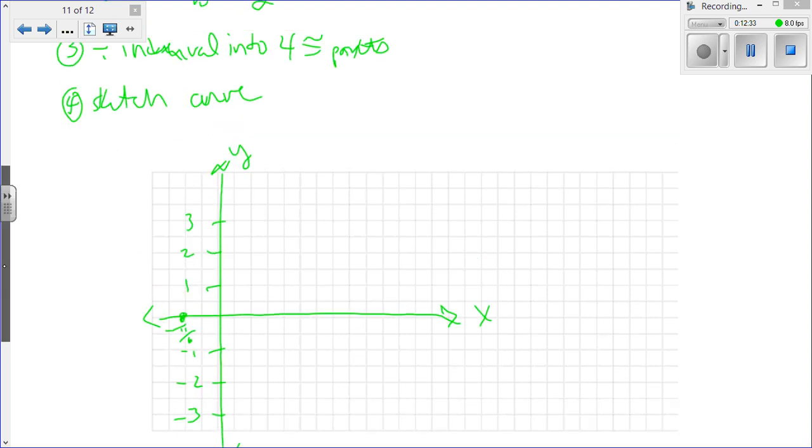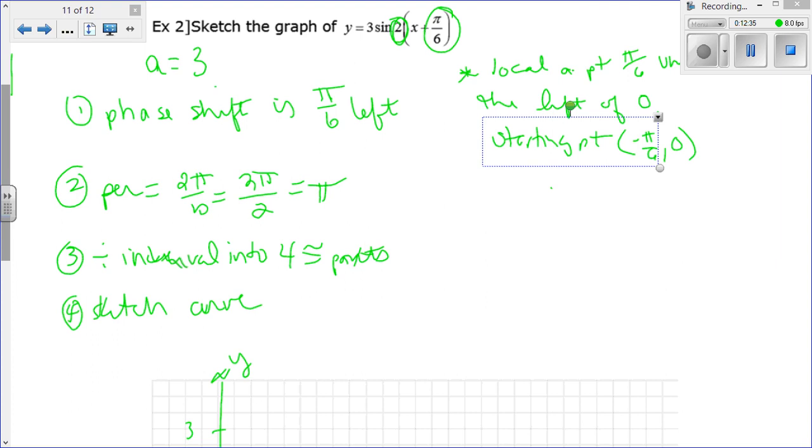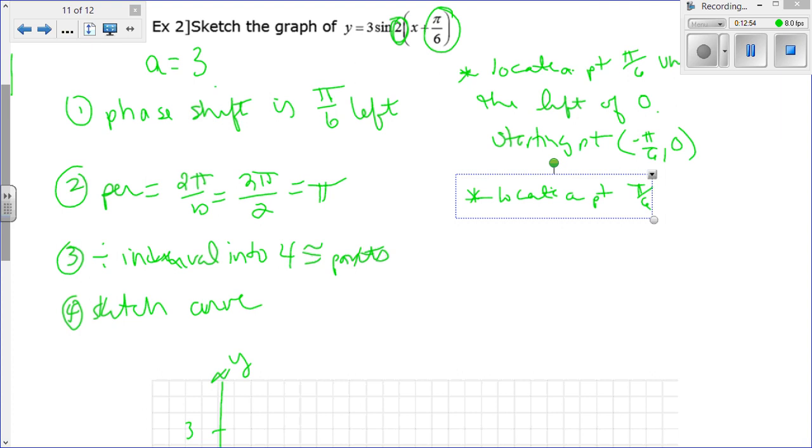So I know that my period is pi, so that means it's going to take me 180 degrees till I can end my graph. And that means I need to locate a point pi over 6 units to the left of pi.